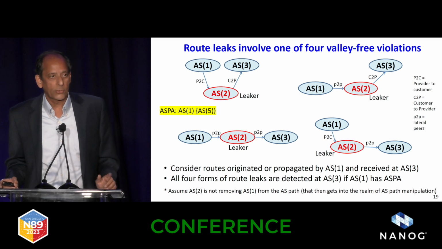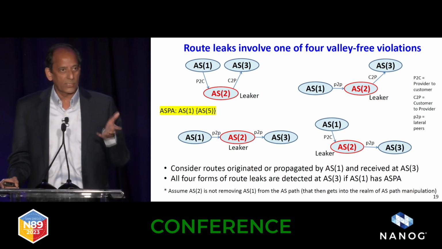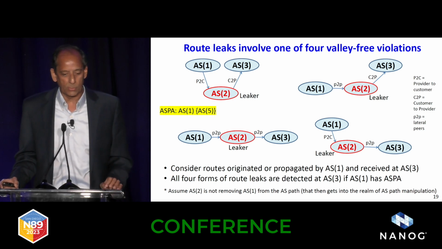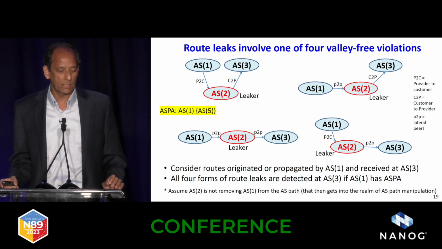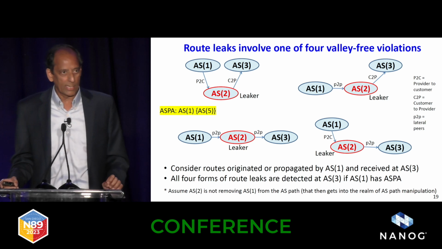In that case, AS2 is not a provider, therefore AS2 is either a customer or a lateral peer. So when AS3 looks at this path, AS1, AS2, it knows that AS2 is receiving it from a customer or a lateral peer. And in each of those cases, if the AS1 to AS2 hop is not a customer to provider hop, it is a route leak.